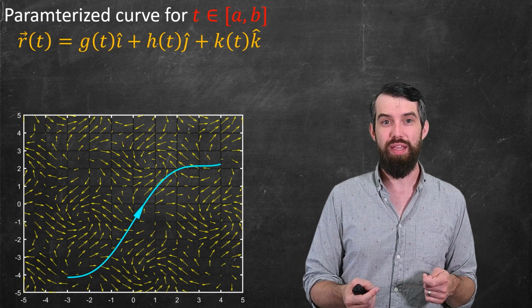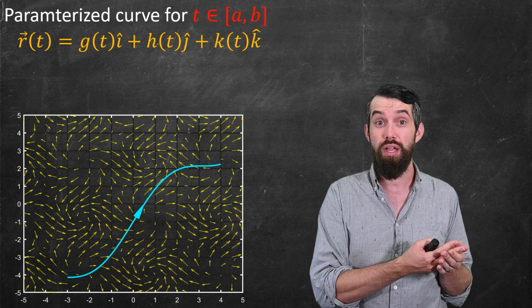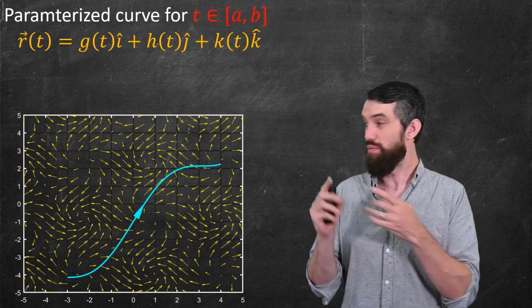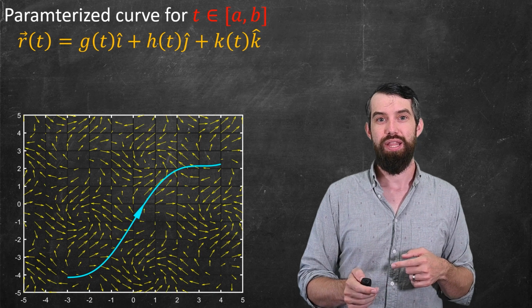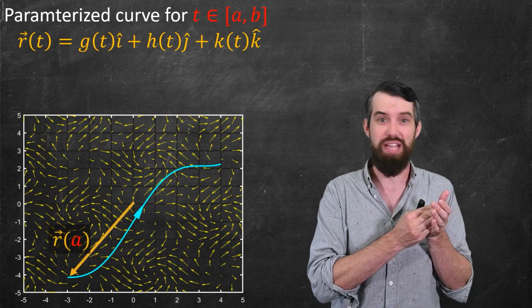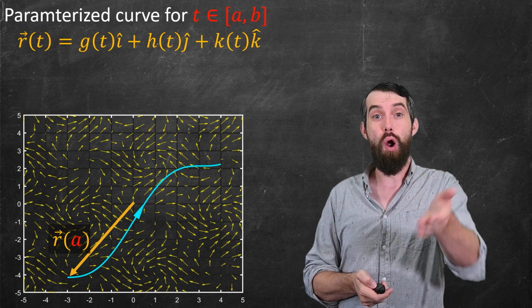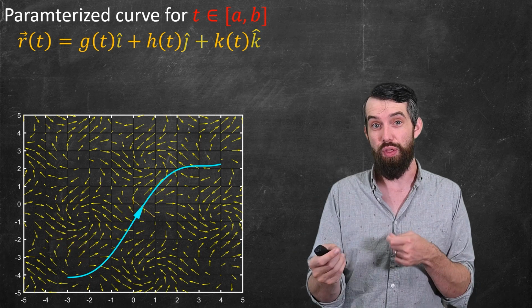The way I think about this is the vector r goes from the origin out to the curve. So if the origin is in the center of this plot, then r of a, the first component on my interval of t from a up to b, points to the start of the curve, and r of b points to the end of the curve.